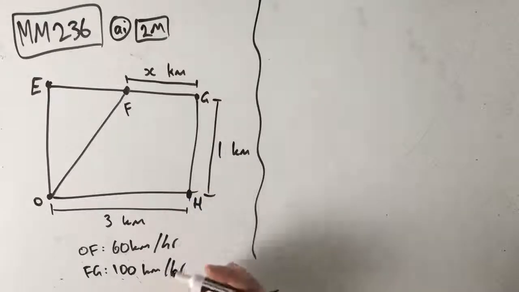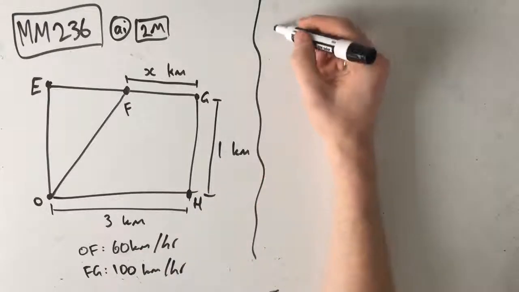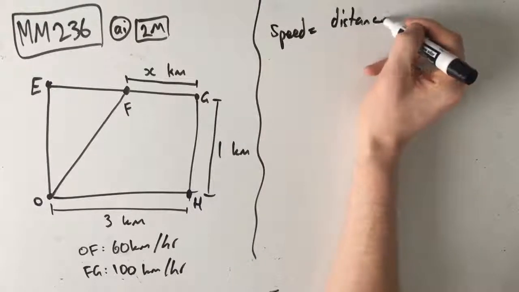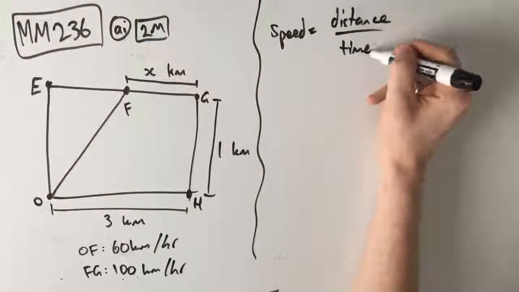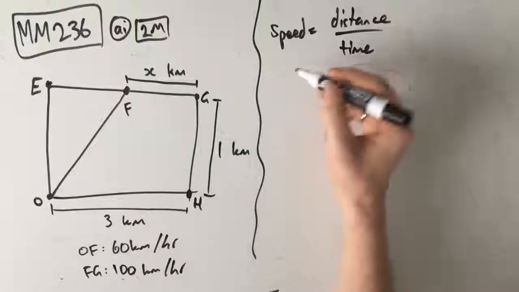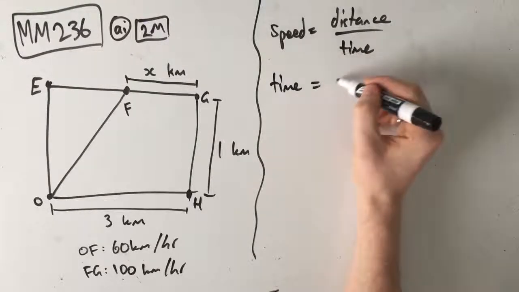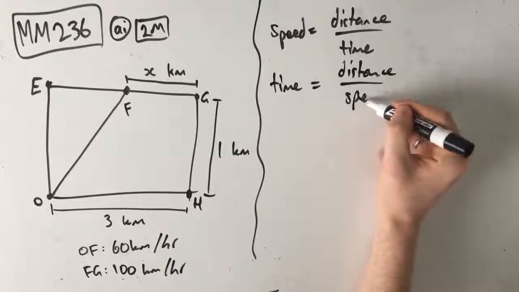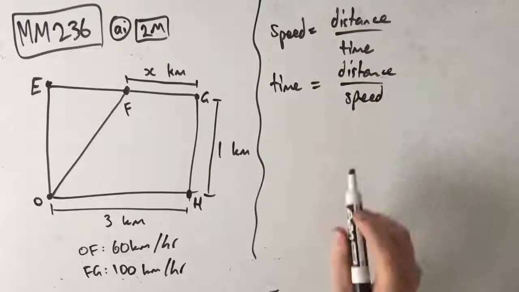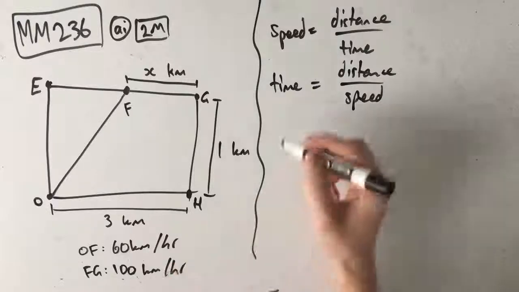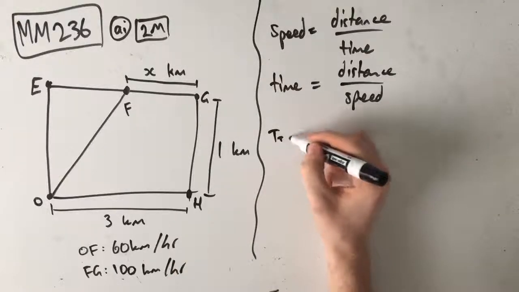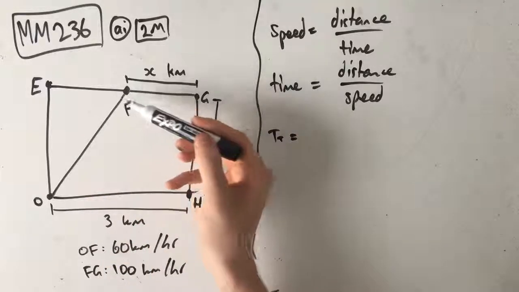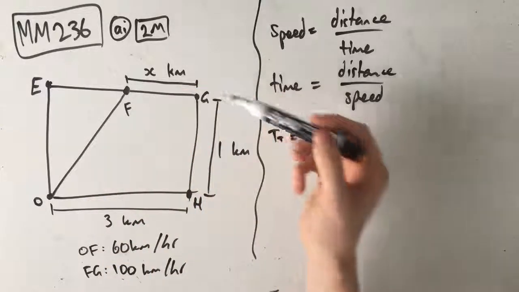So first things first is we know that our speed is given by distance over time. It's one of our biggest fundamental concepts in this question, which means that time is equal to distance over speed, right? So just rearrange this. Our total time taken is going to be equal to the time it takes to get from O to F plus the time it takes to get from F to G, right?